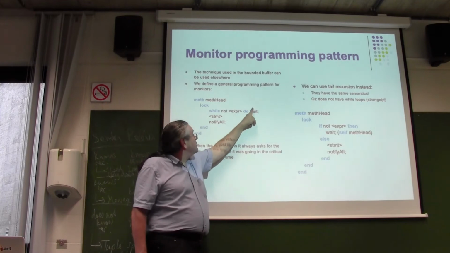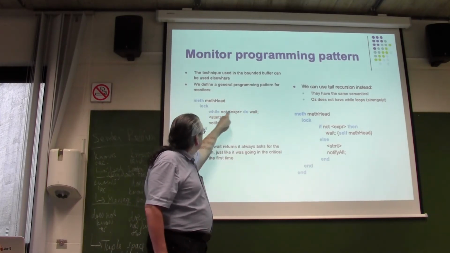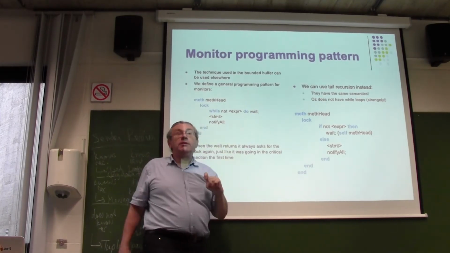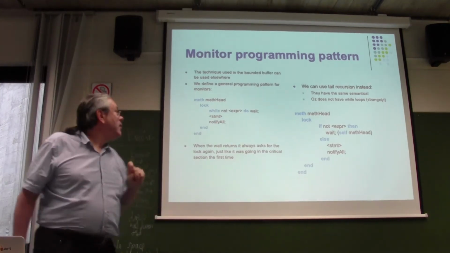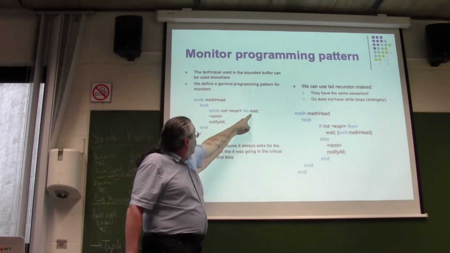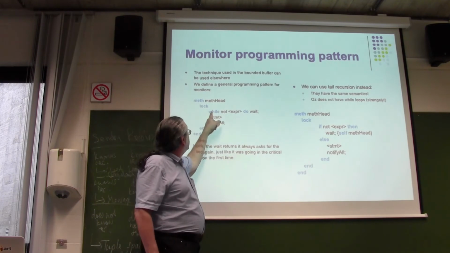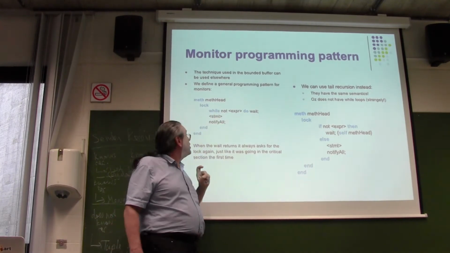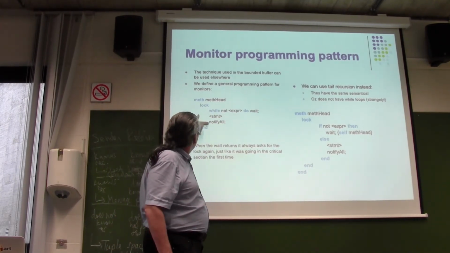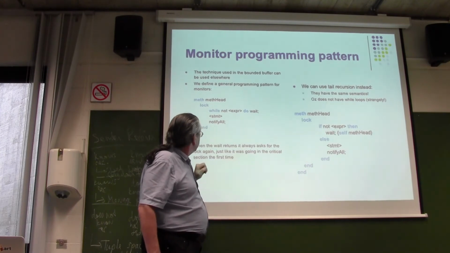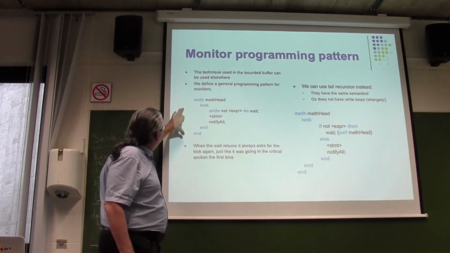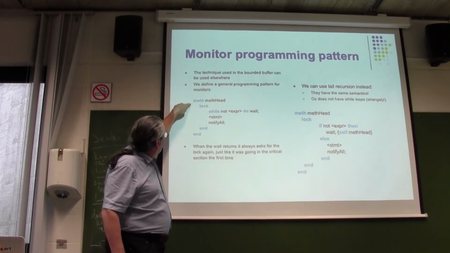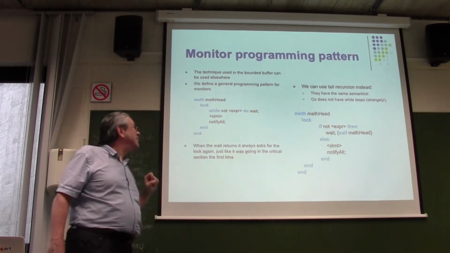And the other threads that wake up will automatically do a wait again and go back to sleep. Okay? So the wait has to be inside a while loop to be correct. And the notify all is just done at the end.